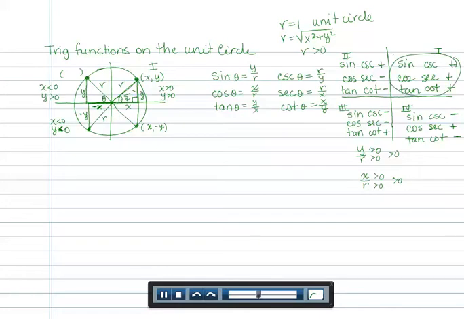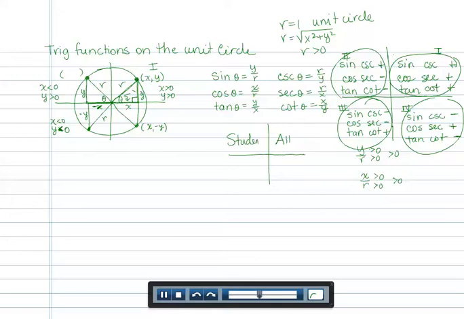In order to remember all this information, we learned the mnemonic: all students take calculus. What this tells us is that in the first quadrant, all the functions are positive. The sine and its reciprocal are positive, the tangent and its reciprocal are positive, and the cosine and its reciprocal are positive. That's what that stands for.